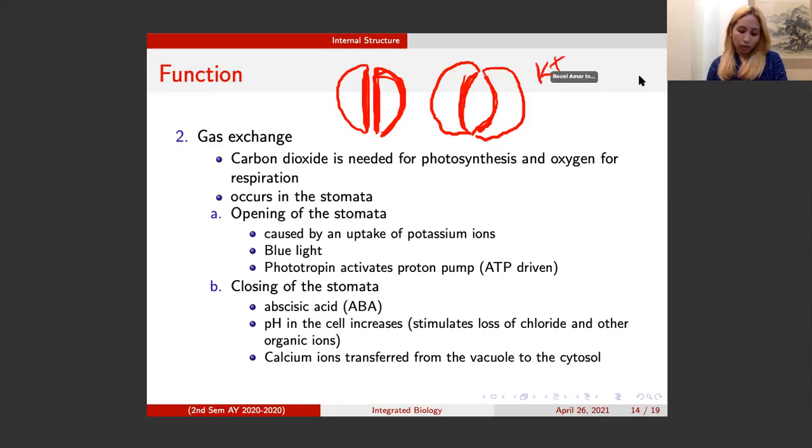So potassium ions will enter the guard cells, right? And with the help of blue light, okay, so ito na-detect ito, of course, ng halaman.